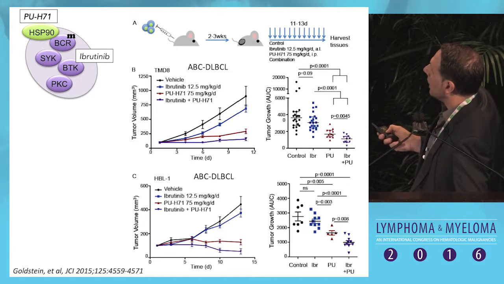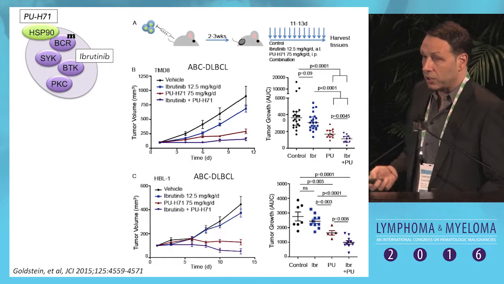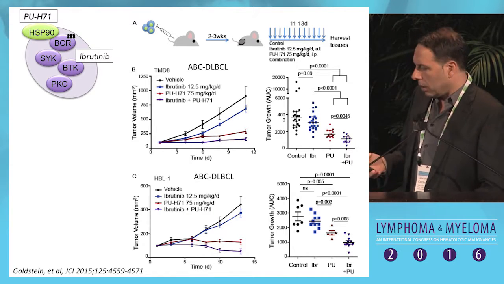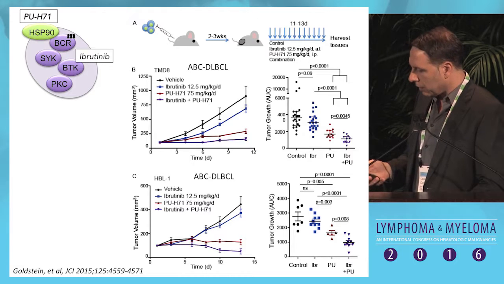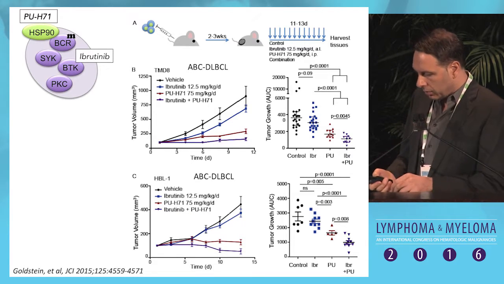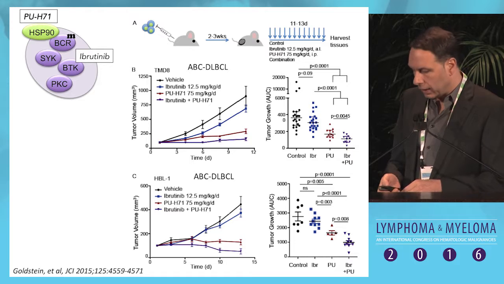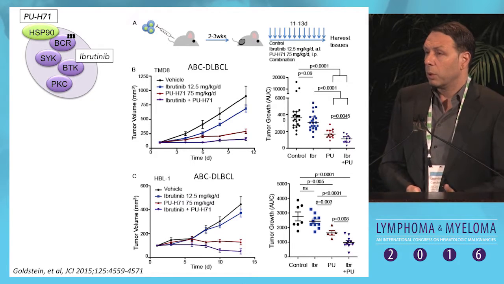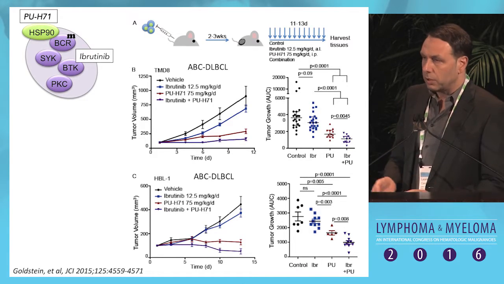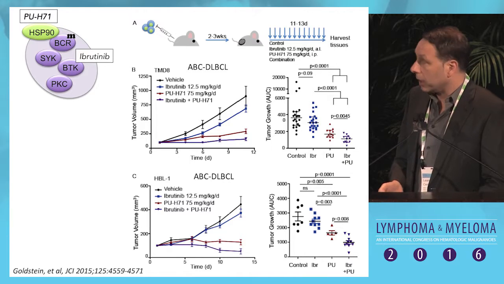The PU-H71, the HSP90 inhibitor, is much better because it inhibits many pathways. But now the combination almost eradicates the tumors. So this is a very feasible therapeutic strategy to use in ABC DLBCL patients because both HSP90 inhibitors and ibrutinib are obviously in the clinic.